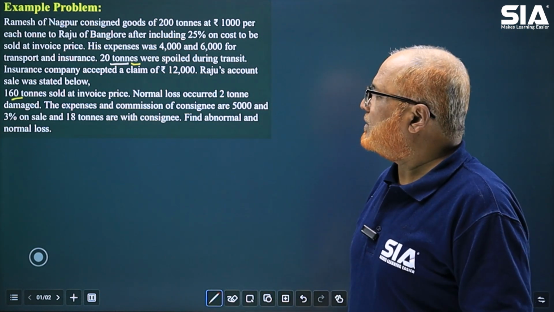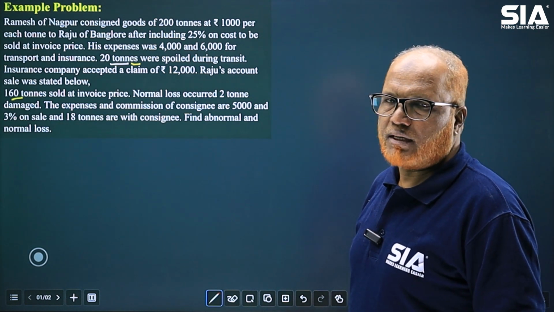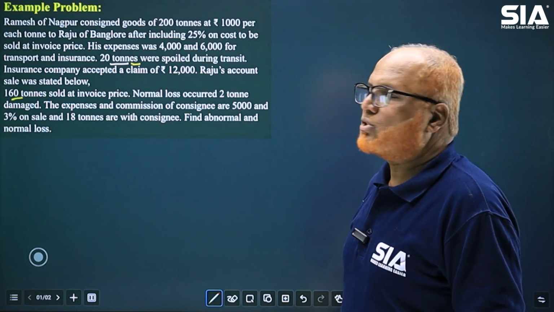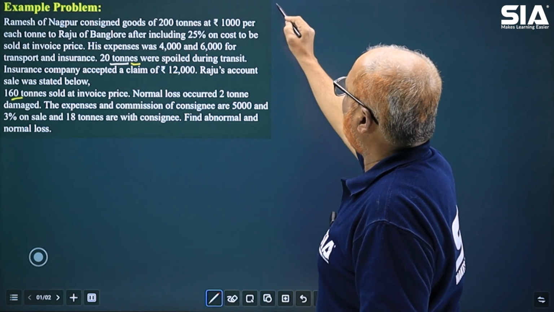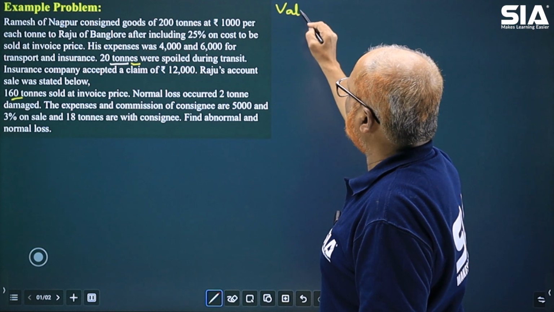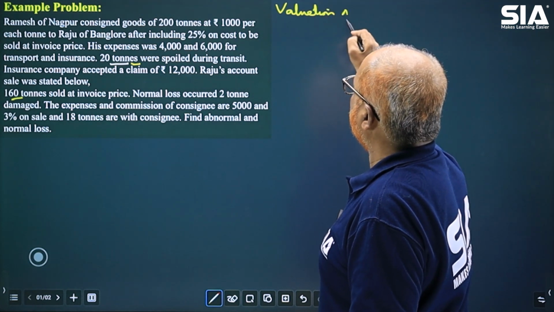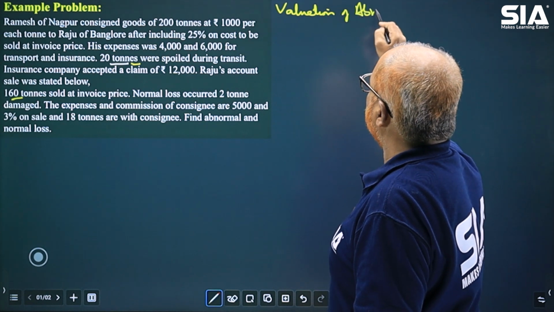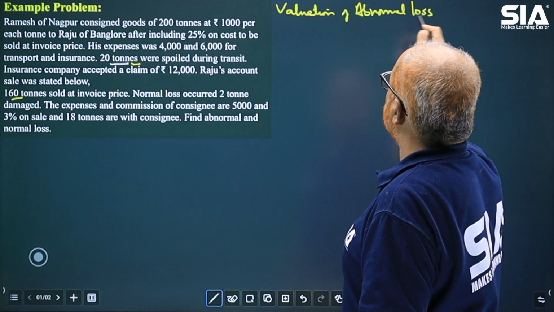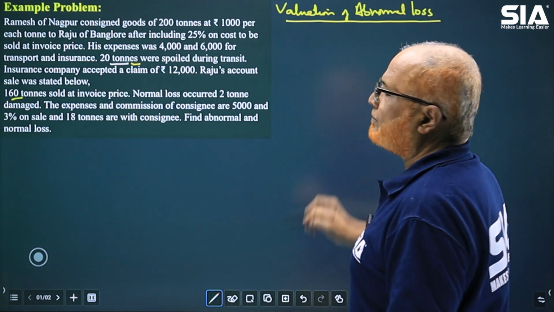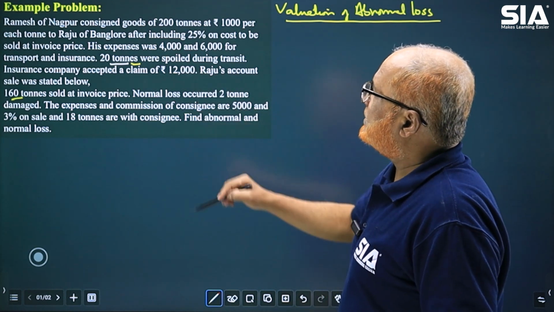So here we have to find out the value of abnormal loss, right? So how many tons were lost? 20 tons. So here I am writing valuation of abnormal loss. How many tons were lost? 20 tons.